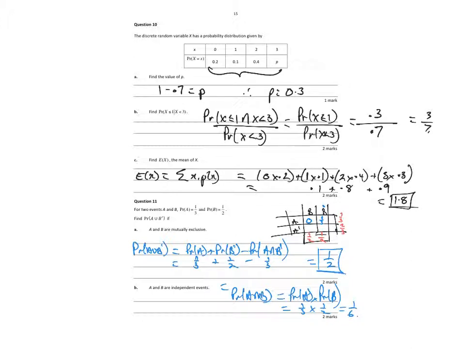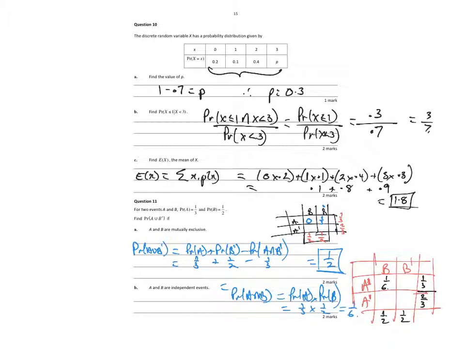So if I just redraw my table very quickly, just so we've got them both there, A dashed, B dashed, except this time we're told that the intersection happens to be 1/6, and I know that probability of A is 1/3, 2/3 for A dashed.